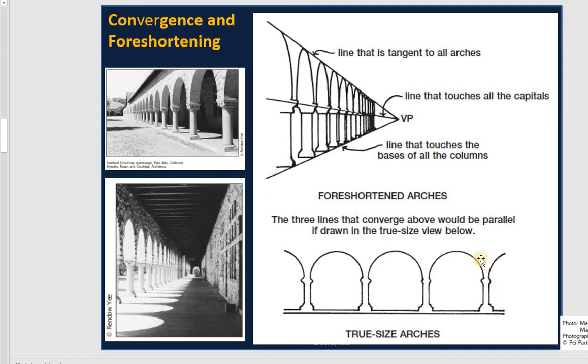So basically they have the same elevation: baseline, capital, and then the top of the arch. But when you look at this side, they look like they touch together at the end point of view. Okay, but they don't. And in a case like that, you call it foreshortening or convergence, converging from the foreshortened arch to the elevation.